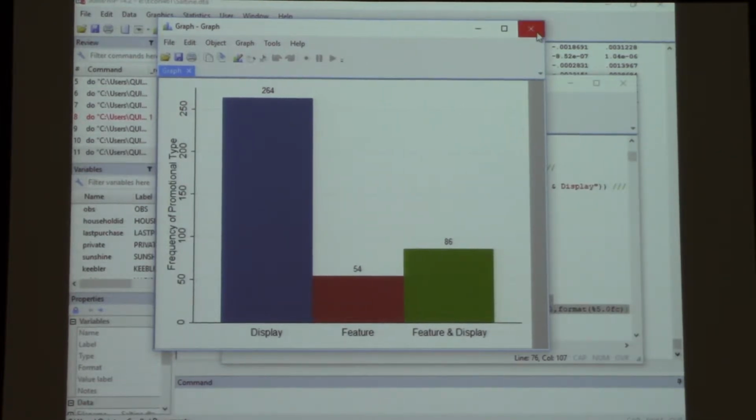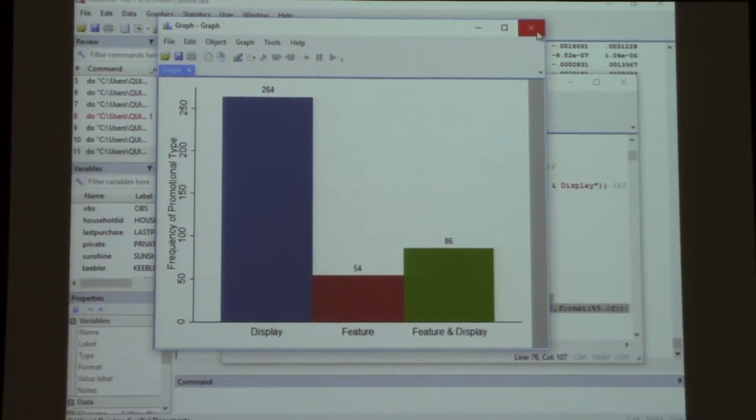The other thing that we can do, however, is compare this to what we're not seeing. These are literally the number of times that we engage in each of these promotional activities, but we don't see the number of times that we didn't promote at all. So how often is it for us to promote? We don't really know.